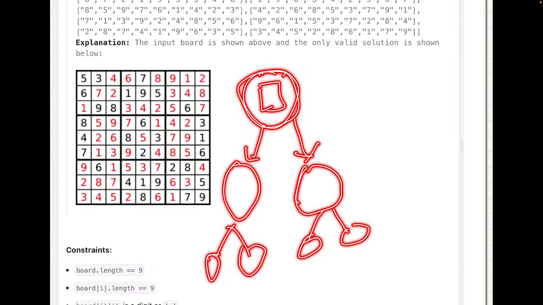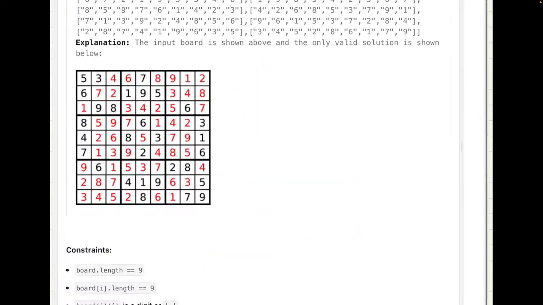But in the worst case, for DP as well, we will be exploring all the possible states. That will be the worst case.